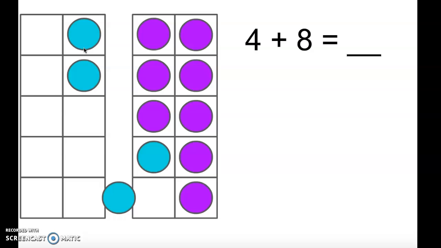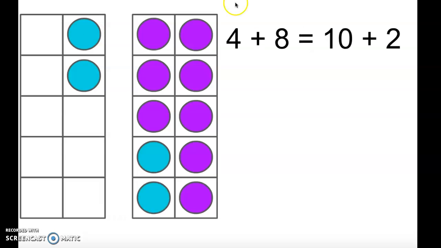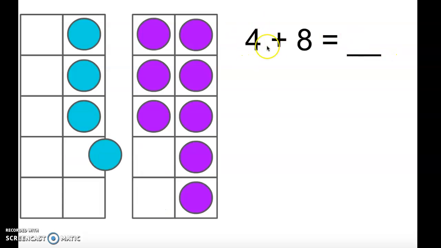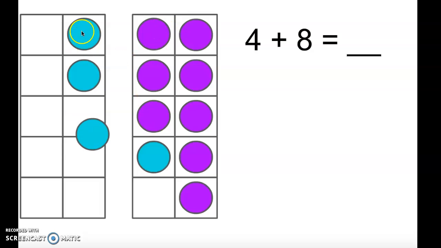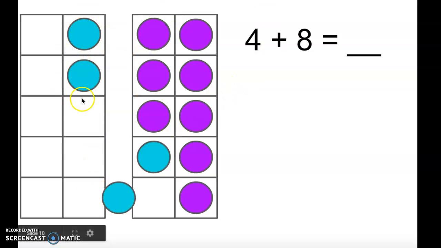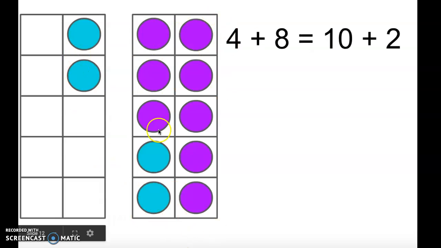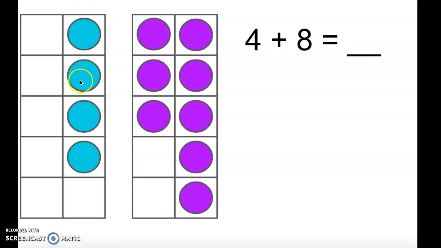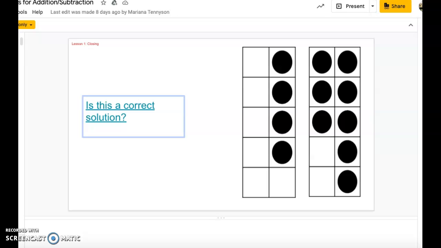Is that correct? Yeah, it is. 4 plus 8 does equal 10 plus 2. 4 plus 8 equals 12, and 10 plus 2 equals 12. So what they did is they moved 2 of these counters over to make a 10, because it's easier to add with tens. And you would do 10 plus 2. 10 plus 2 equals 12.